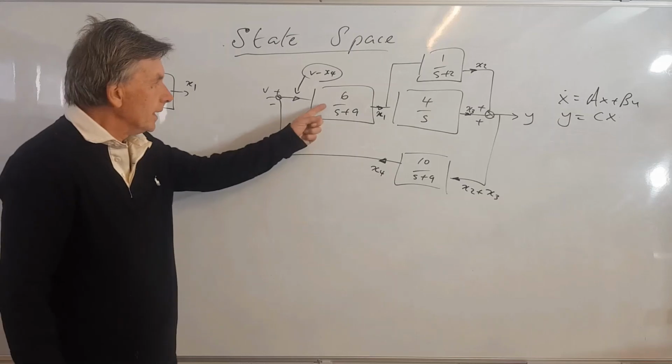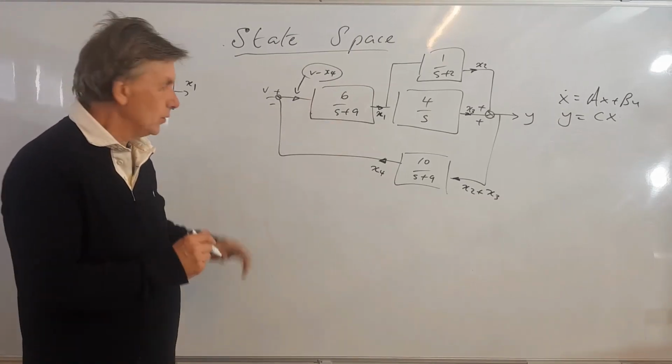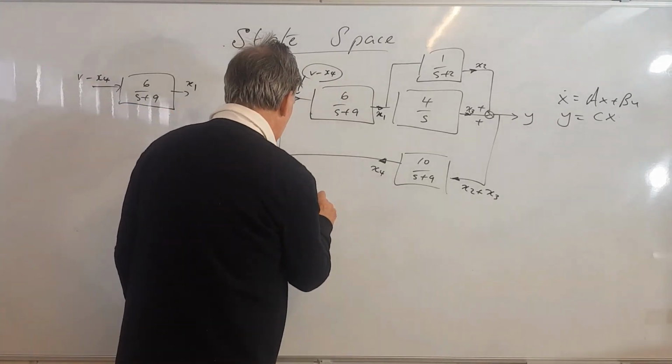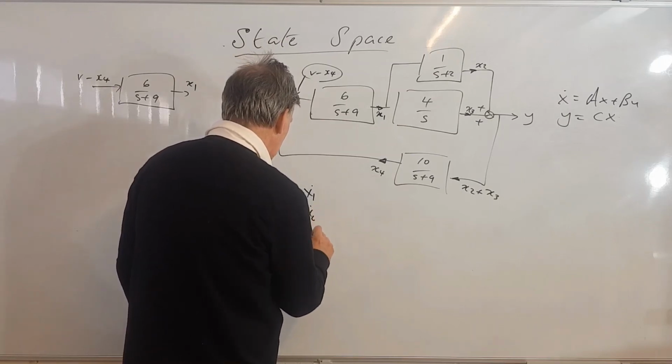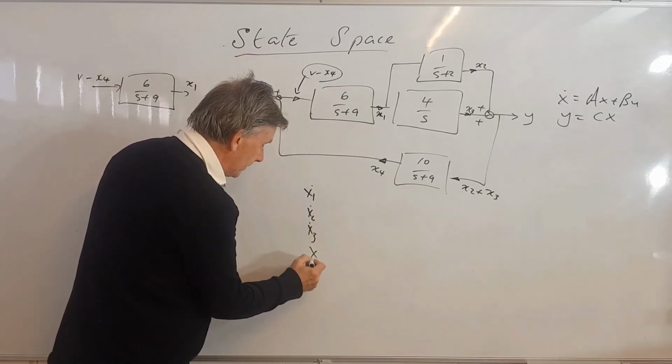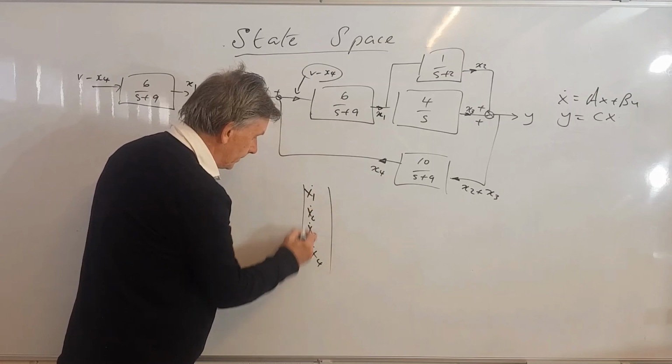Because it's got four variables, we can have a 4 by 4 state space, so it's going to be x1 dot, x2 dot, x3 dot, x4 dot.